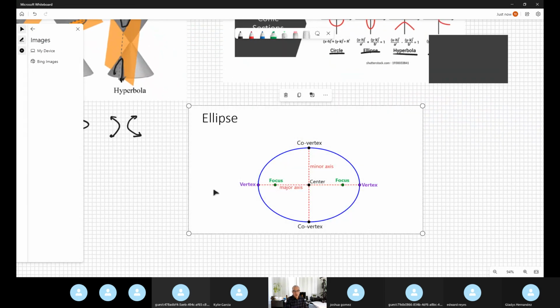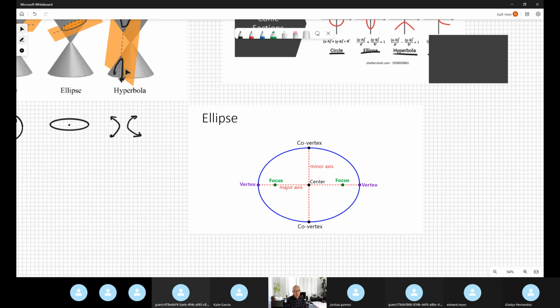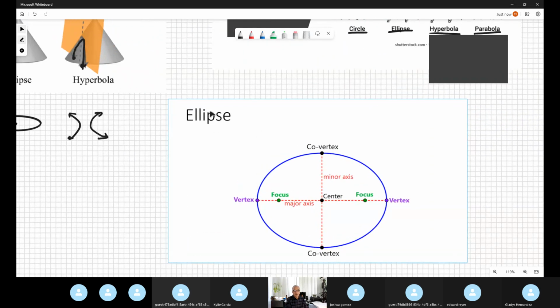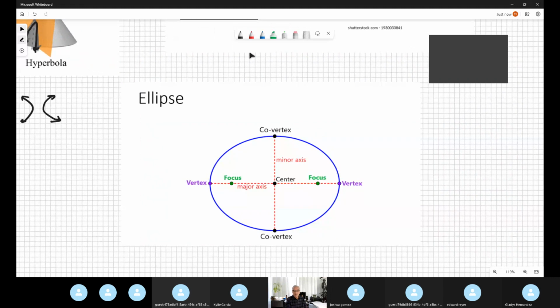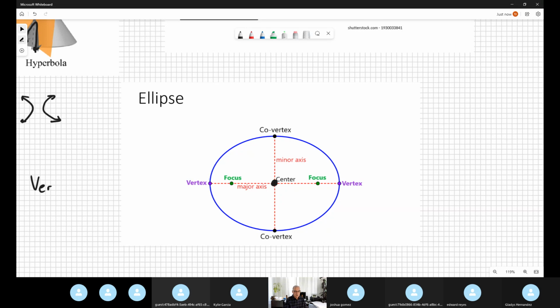Ellipse, guys, when you are doing the graph of the ellipse, you need to describe perfectly in detail different points. For example, the most important point is the center. And we have two vertices, plural of vertex. Okay, this is the vertex. This is another vertex.